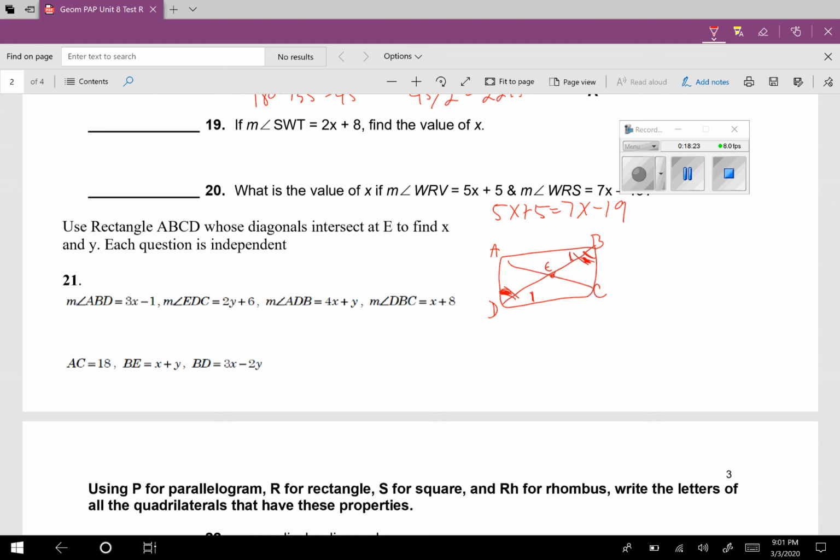Okay, so you just set these matching ones equal to each other. So ABD would be congruent to EDC, and then this 4x plus y would be congruent to this x plus 8.